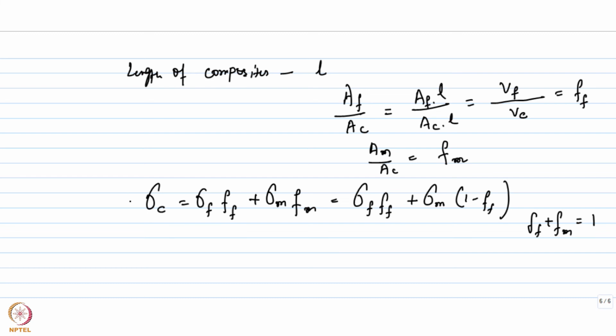So here we are actually dealing with the elastic behavior of the material. Since we are talking about the elastic modulus, it is still in the elastic limit. And we have already assumed that the strains are equal.